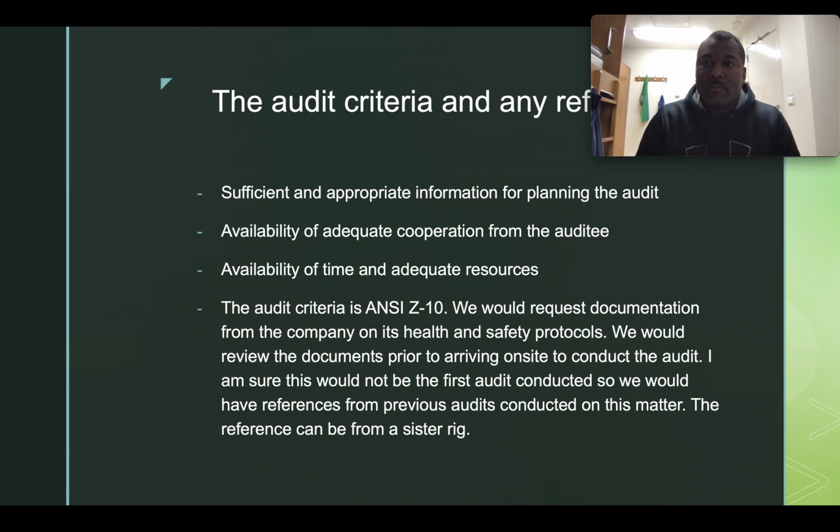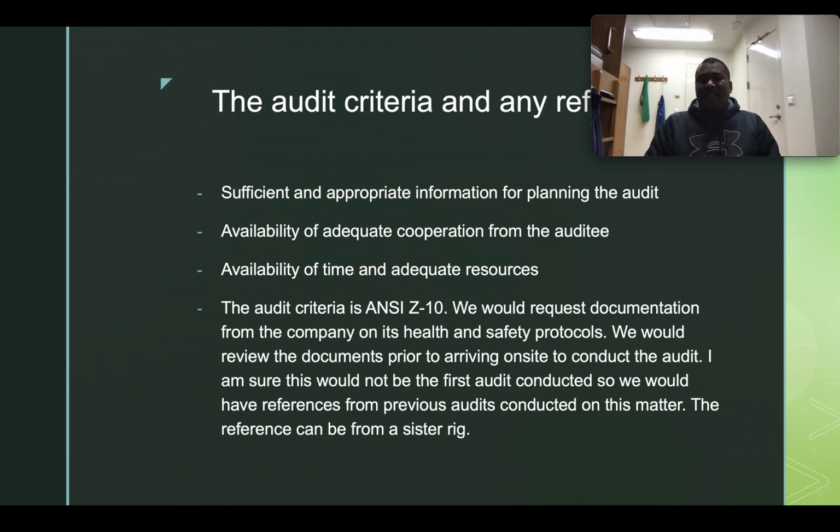If they're not cooperative, guys, then this can go very badly. But most times, from my understanding and what I've seen, companies are pretty good working with auditors. So I'm going to carry on.